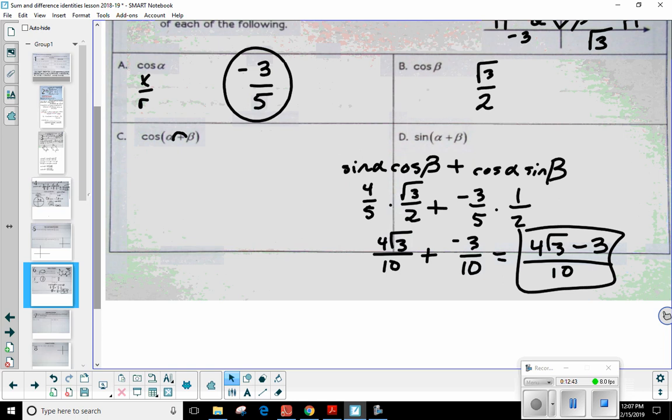I am going to bring something back next week that was a huge favorite among the students: Happy Minutes. But each Happy Minute next week is going to be a sum or a difference identity. I will have extra unit circles if you need one. You'll be able to use your notes, and I'll give you maybe 3 to 5 minutes to simplify each of those.